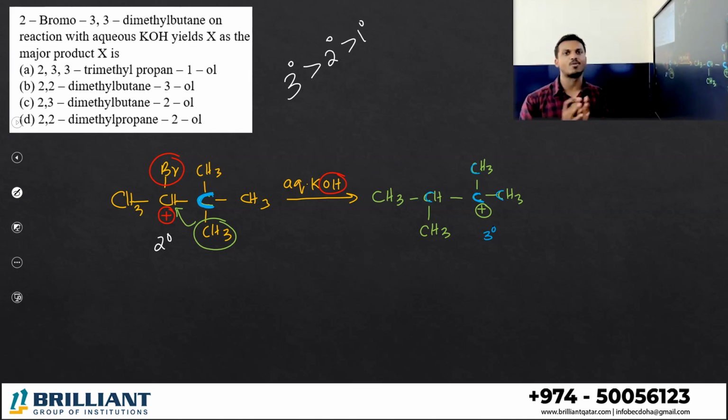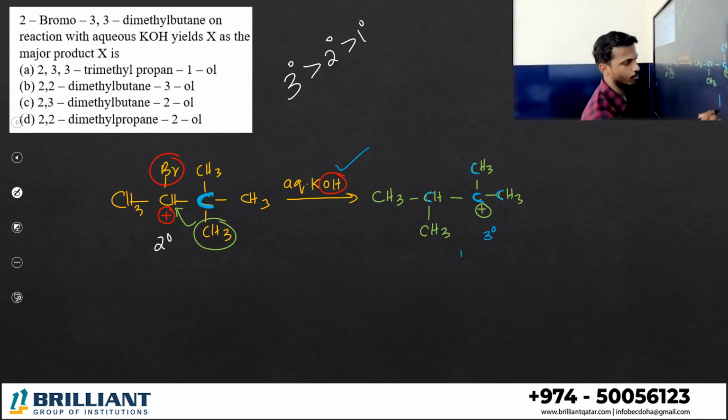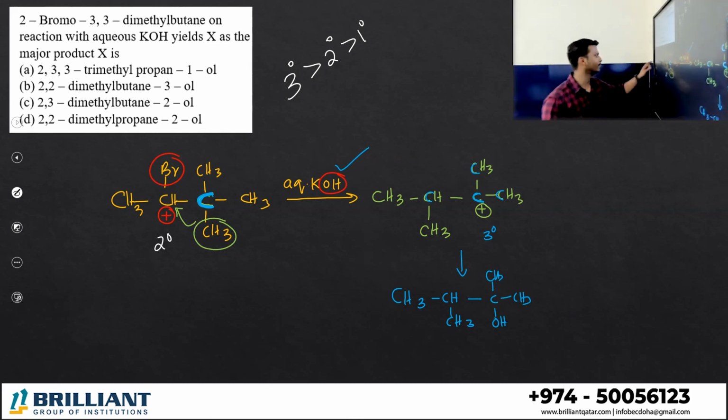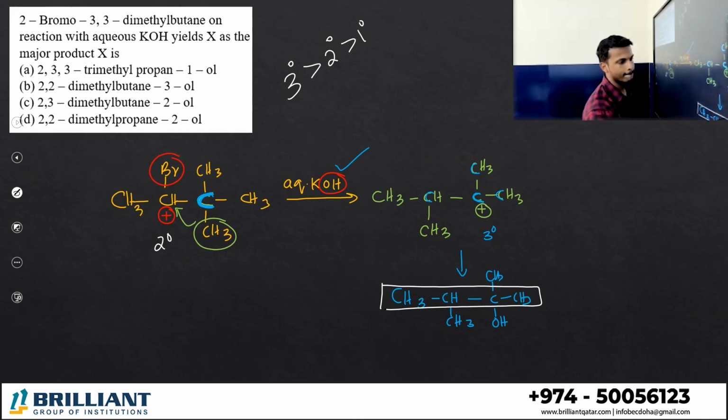Okay, fine. After making a more stable carbocation, then you add your OH group. What is the nucleophile? OH group. So it will come to this side. CH, CH3, C, CH3, CH3, OH. This is your final product. What is the name? Select the longest chain. This is the longest chain.